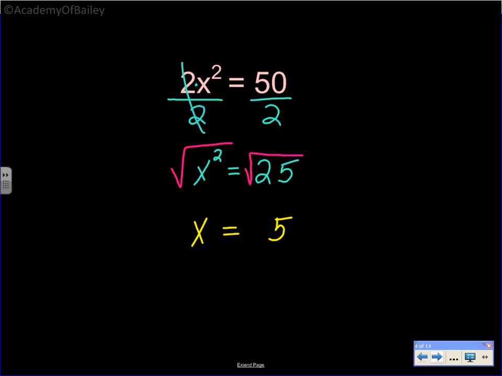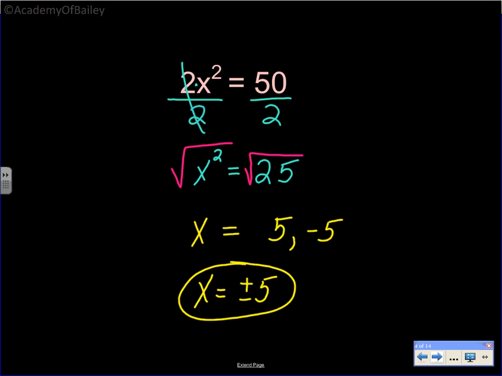Whoa, whoa, whoa. You better slow down here. Think about it. When you take the square root of a number, you should also have a negative there. So x is equal to plus or minus 5.